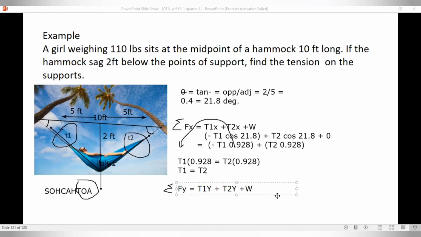Siyempre, bakit? Vertical na yan eh. Magkakaroon na ng value yung W mo.